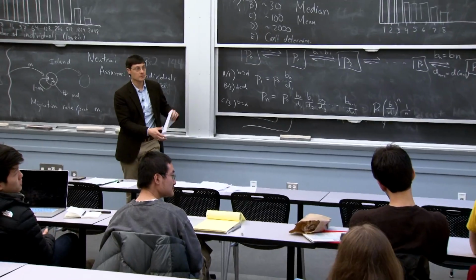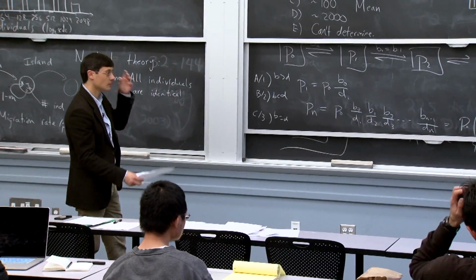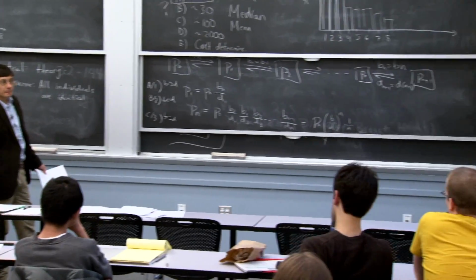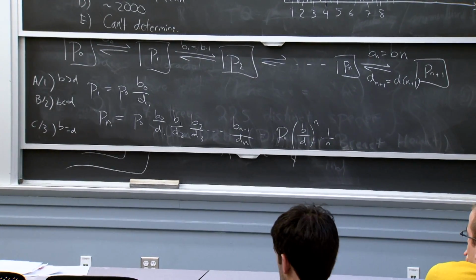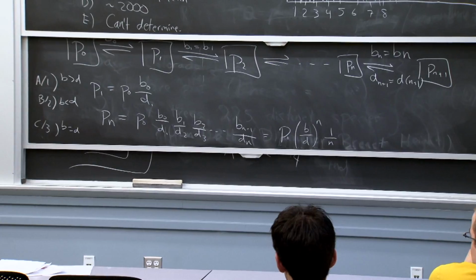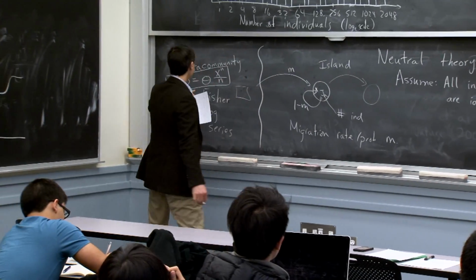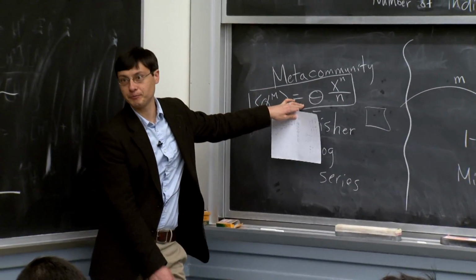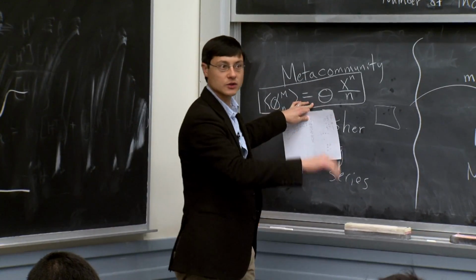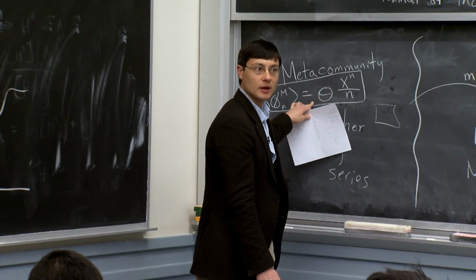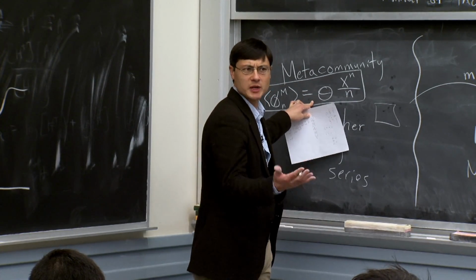If this parameter b over d is greater than 1, then this distribution is not normalized. If b over d is greater than 1, so x is greater than 1, then the distribution blows up. It gets more and more likely to have larger numbers. But if b is less than d, shouldn't everybody be extinct?